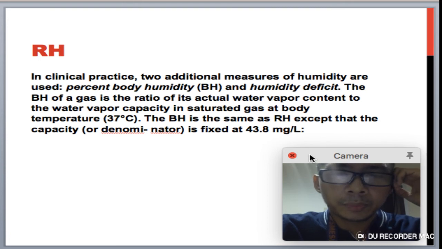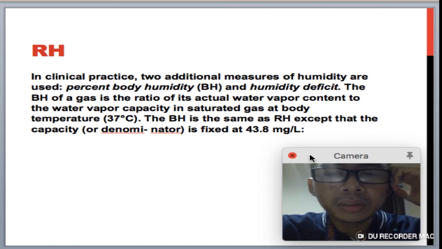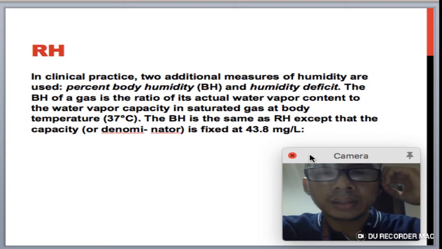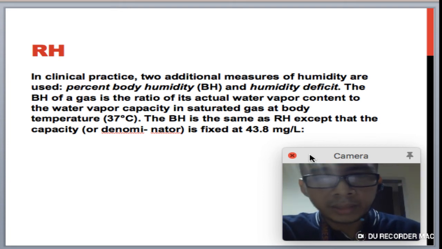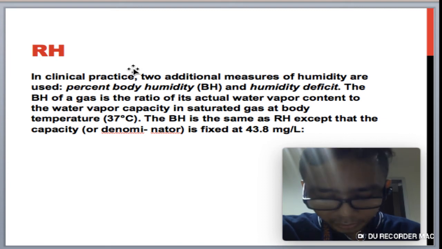So the percent body humidity is the same as the relative humidity, except that the capacity, or the denominator, is fixed at 43.8 milligrams per liter. Guided by this equation, there is a fixed denominator of 43.8 milligrams per liter.